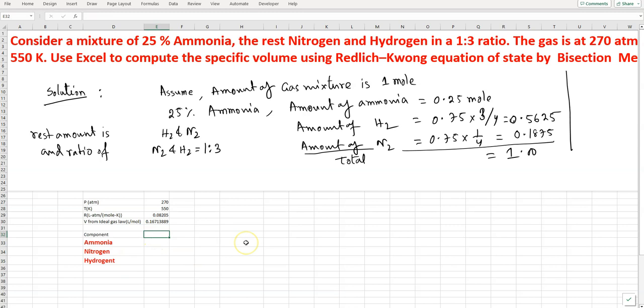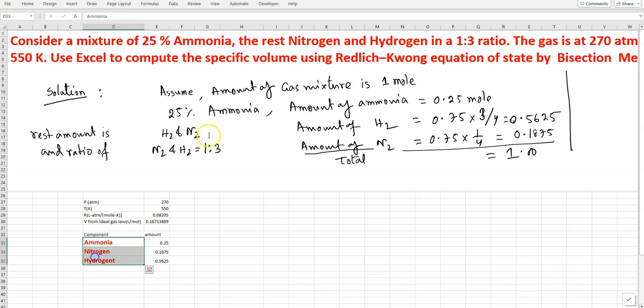So the amount of ammonia is 0.25, nitrogen is 0.1875, and hydrogen is 0.5625. So that is given.